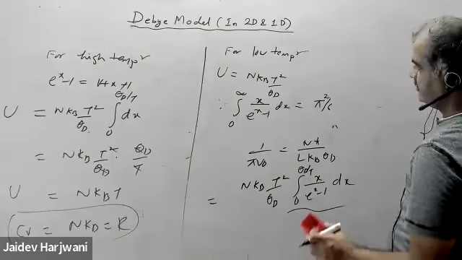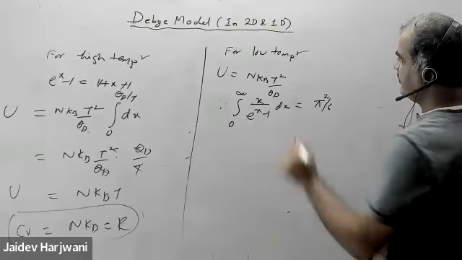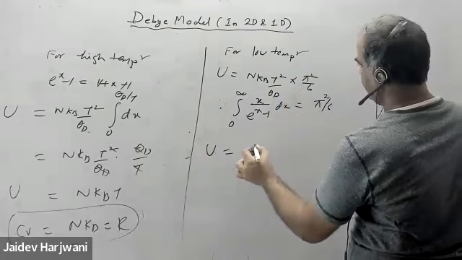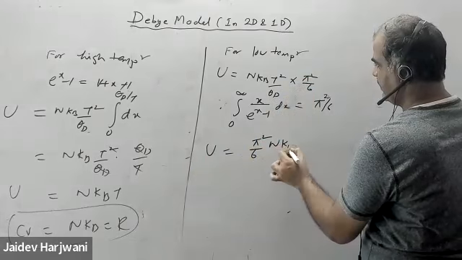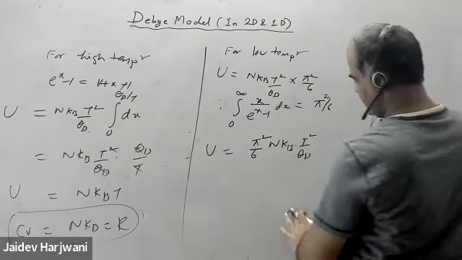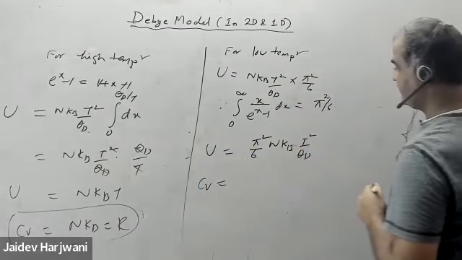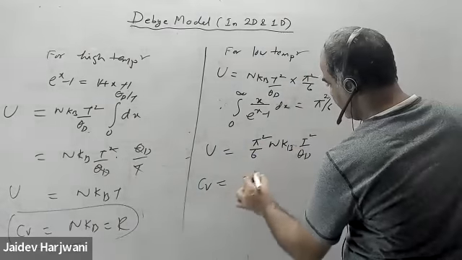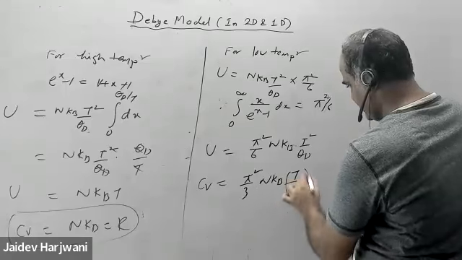If you put this value there, this will give you U equals pi square by 6 n k_B T square upon theta_D. And for specific heat Cv, differentiating with respect to T gives pi square by 3 n k_B T upon theta_D. This is your Cv.